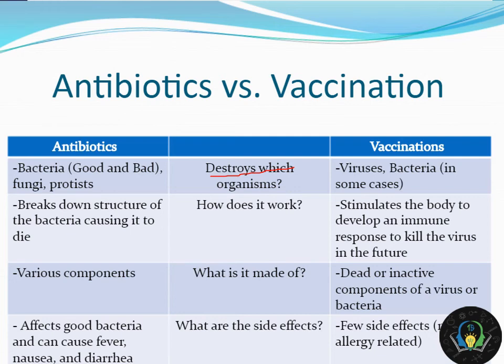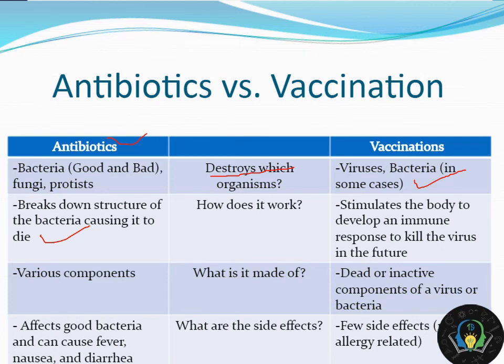Bacteria and fungi are destroyed by antibiotics, and viruses and a few other bacteria are destroyed by vaccination. How does it work? The antibiotic breaks down the structure of the bacteria, causing it to die. Hence, we are killing the bacteria.